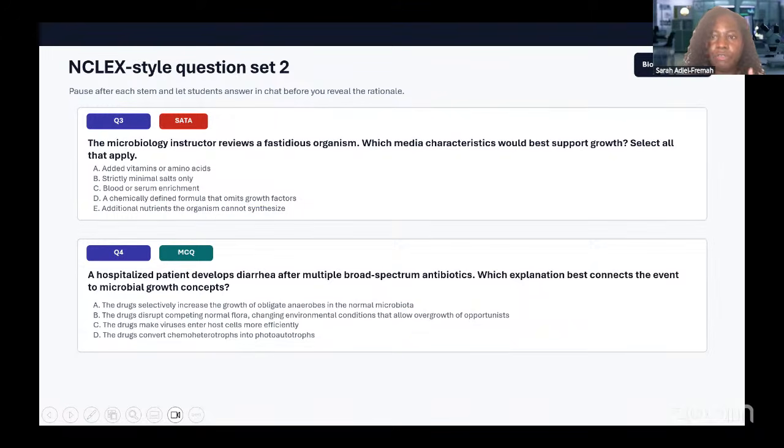So let's figure out, first of all, what is a fastidious microorganism? So I'll give a minute to see if we can get some feedback and responses.